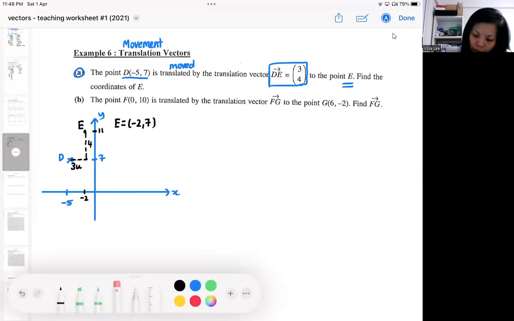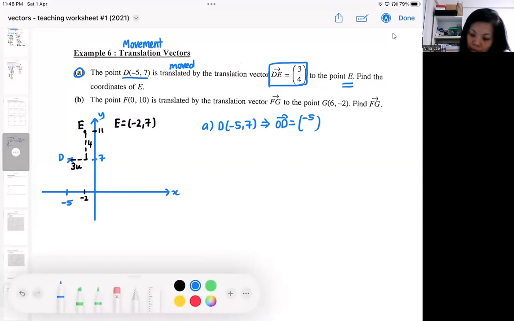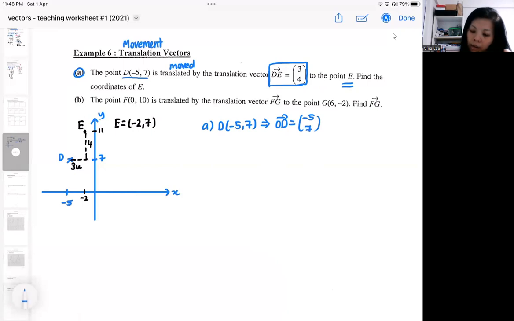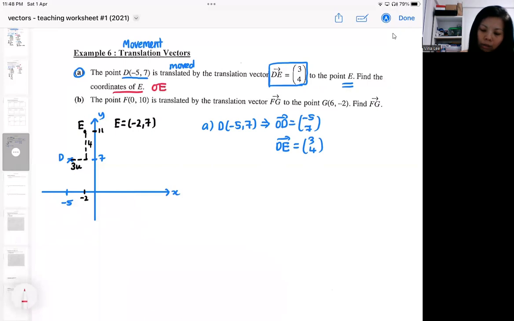If I'm not going to be drawing out, I'm going to see the coordinate as the position vector. So D is -5, 7. I will see it as OD equal to -5, 7. And I'm also given DE. If I use the concept of position vector, this is like OE.